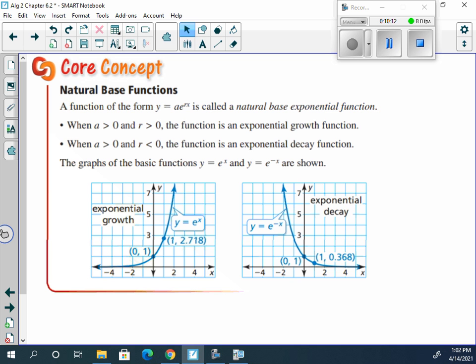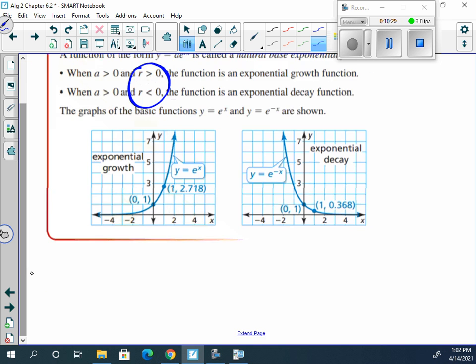Now, with this being said, the real difference is our rate. If the rate is greater than 0, it's considered exponential growth. If the rate is less than 0, it's considered exponential decay. And we have our two main graphs here.